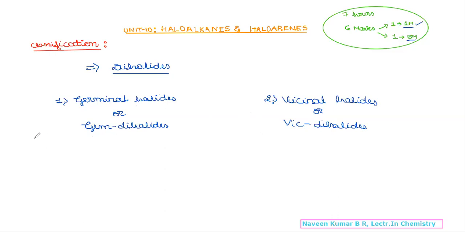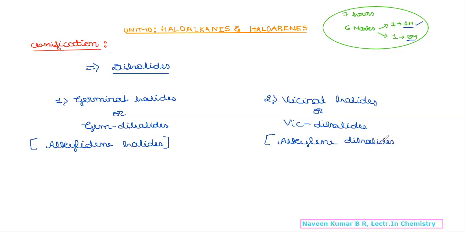Germinal dihalides, in their common naming system, are referred to as alkylidene halides, whereas vicinal types are called alkylene dihalides.